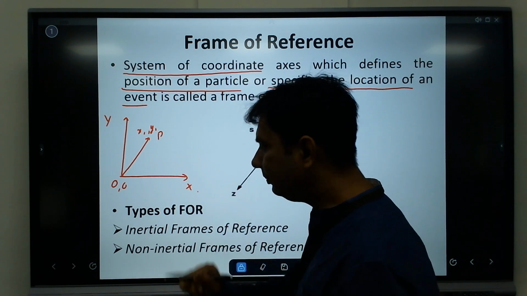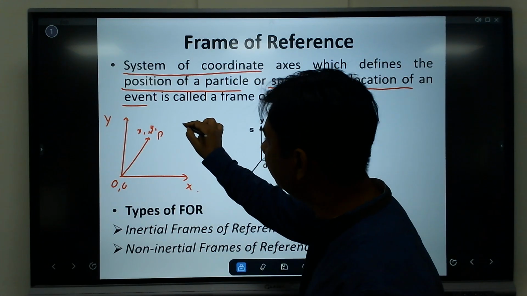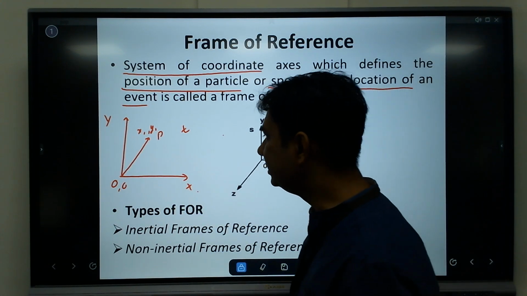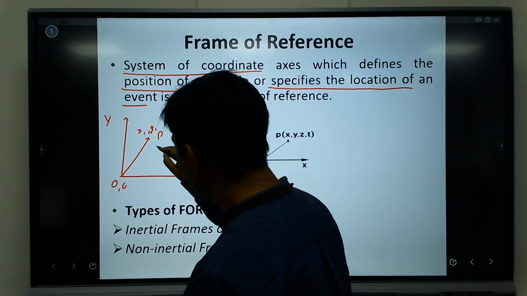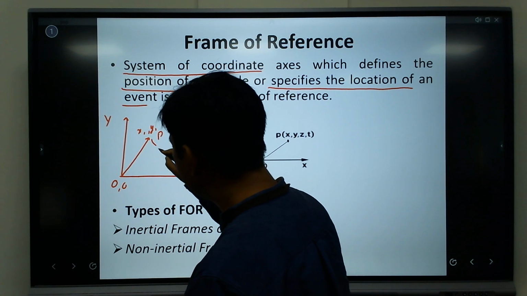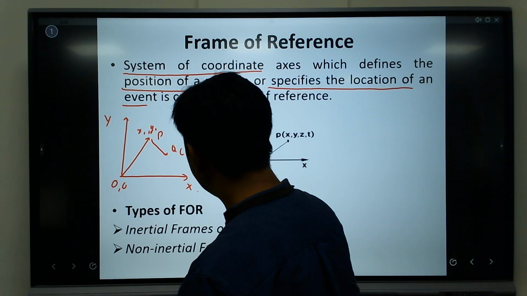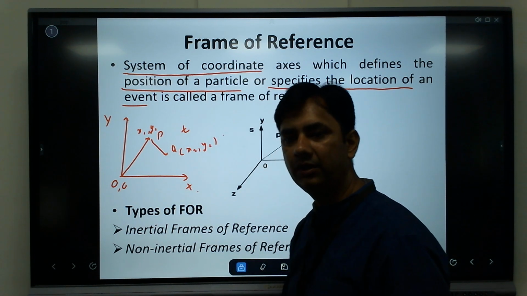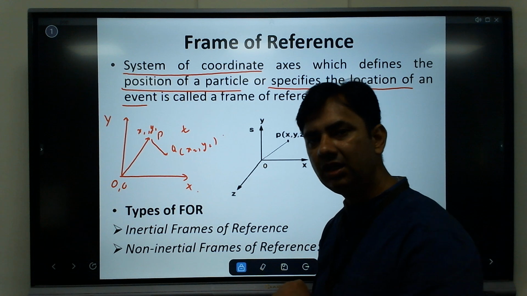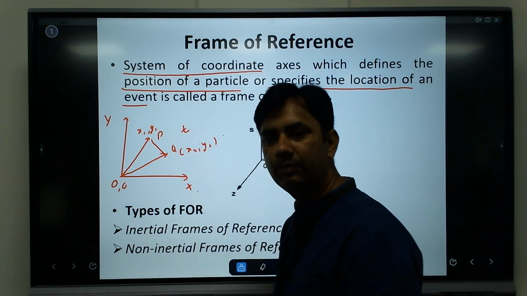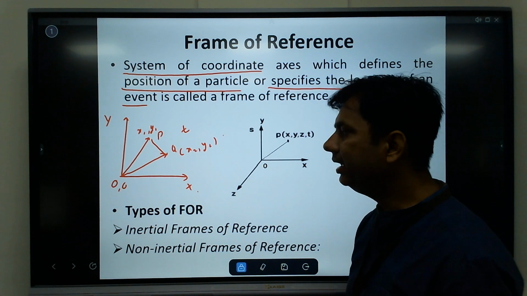Now, suppose in time t, that man moves a distance from P to Q, and now his coordinates are x2 and y2. Then the position of this object from this particular point is x2 and y2.